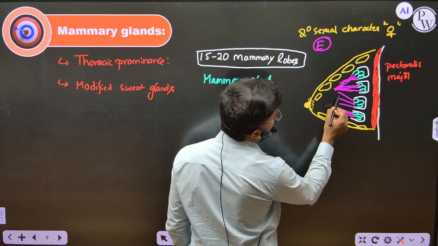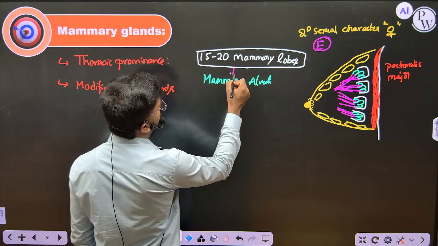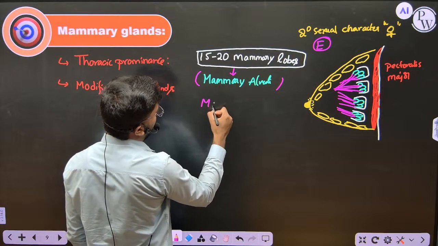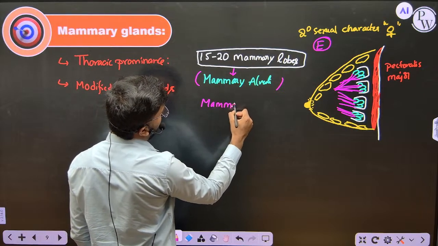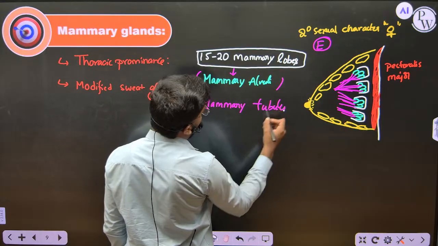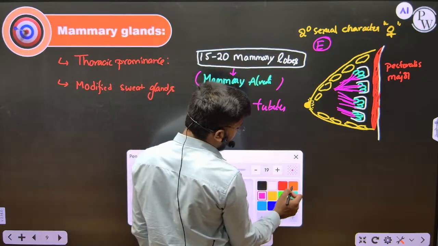These are mammary tubules, and they are present inside the lobes. This mammary tubules leads to mammary ducts.